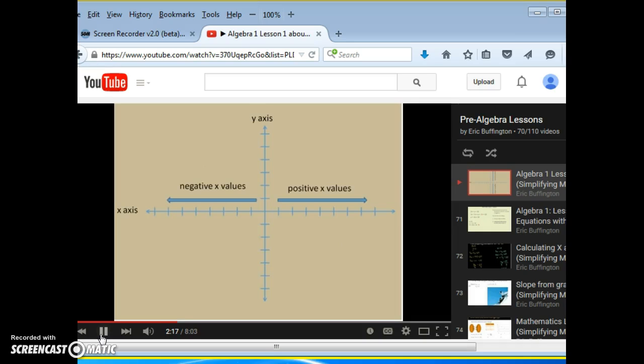Just a quick note about positives and negatives. We sort of touched on this a little bit when we were labeling that point. Starting at the origin, 0, 0, if you move left along the x-axis, and the numbers will be negative. If we move right along the x-axis, as indicated by this arrow, then the values will be positive.